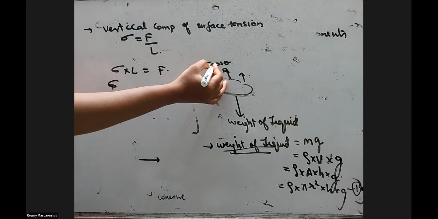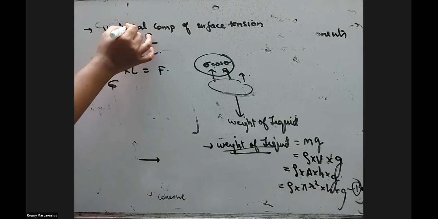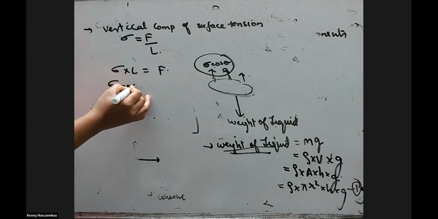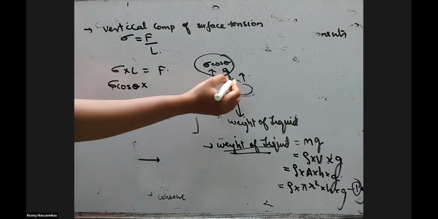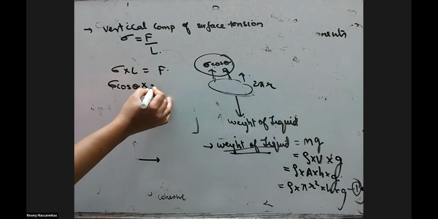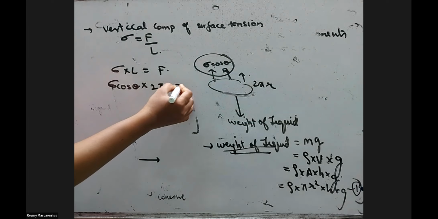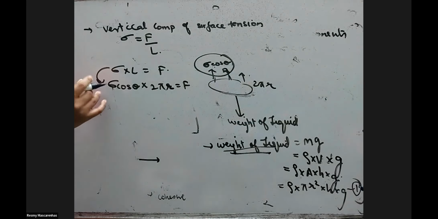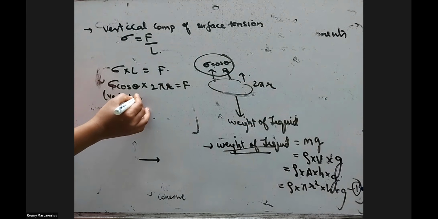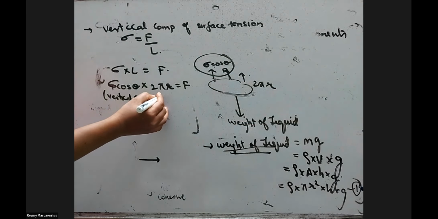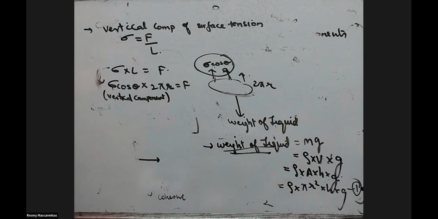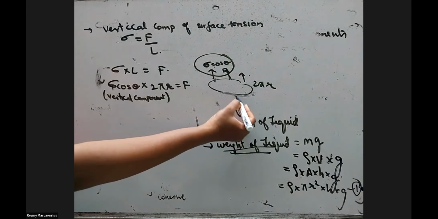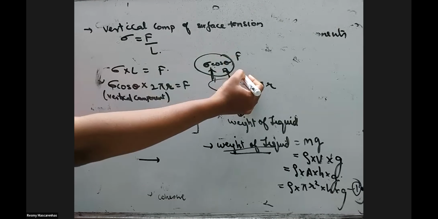Now the resolved component, the vertical one we are looking at, will be sigma cos theta. Length is how much? 2 pi r. Why did we get this? Because we are taking only the vertical component. Now this force is acting upwards.